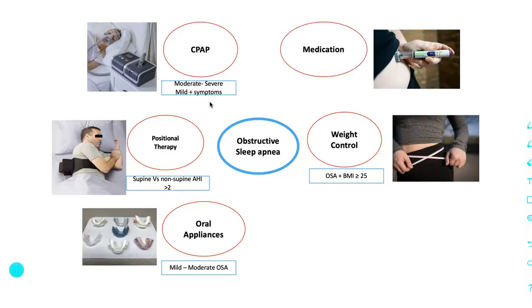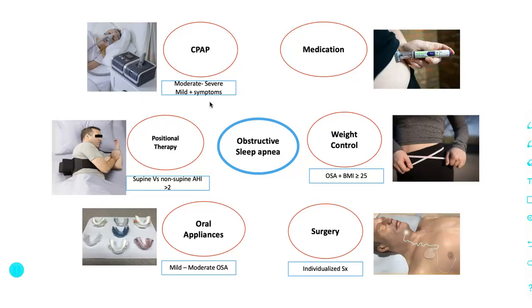Or it can be in the form of medication management. New pharmaceutical options recently available, like the GLP-1 receptor agonist approved by the FDA, commonly called Mounjaro, can be used for the treatment of sleep apnea by reducing body weight.